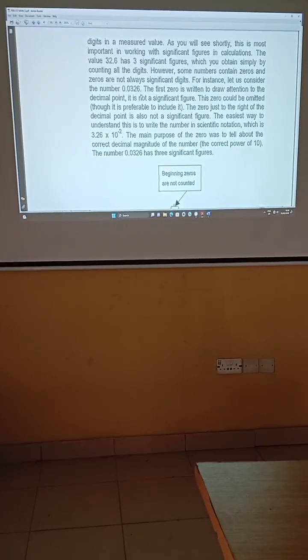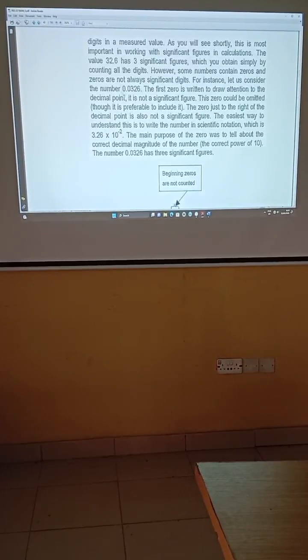The first zero is written to draw attention to the decimal point. So you see that this first zero is not significant because it's just written to draw attention to the decimal point. It is not a significant figure. This zero could be omitted, though it is preferable to include it.